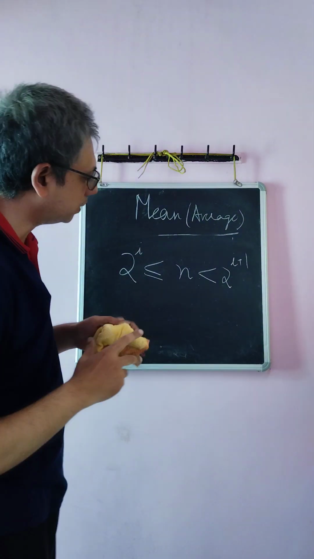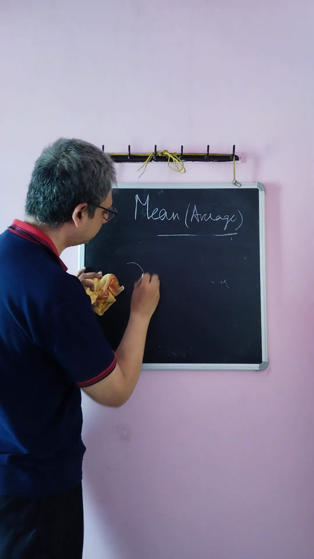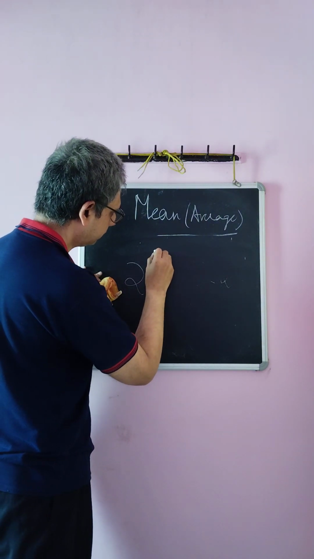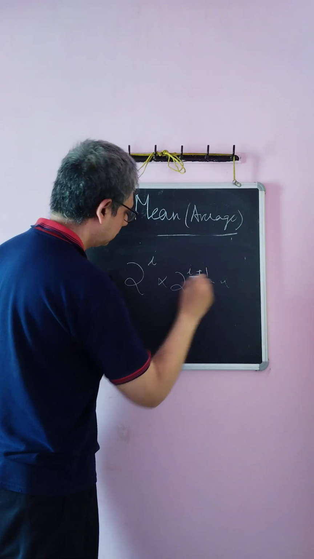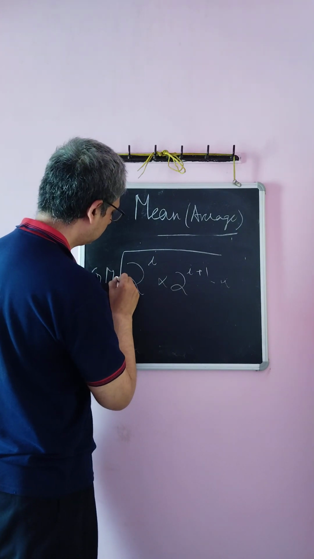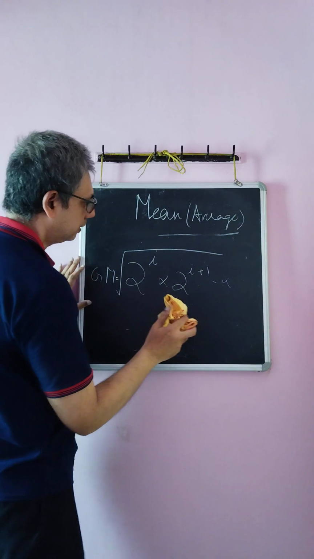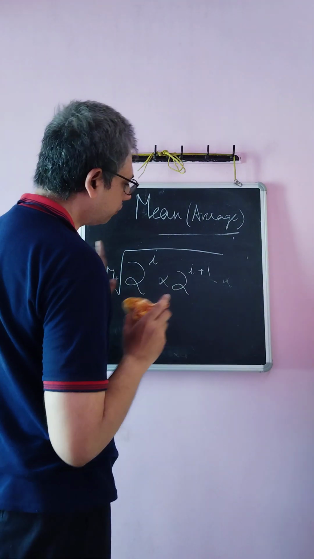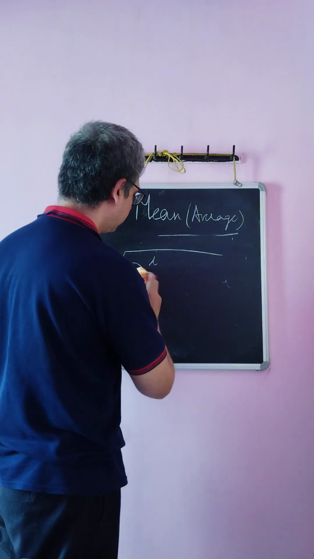So we can use the arithmetic mean like we just saw, or we can use the geometric mean, the square root of 2 power I into 2 power I plus 1, for comparing with n. Either I or I plus 1 will be the extreme values.